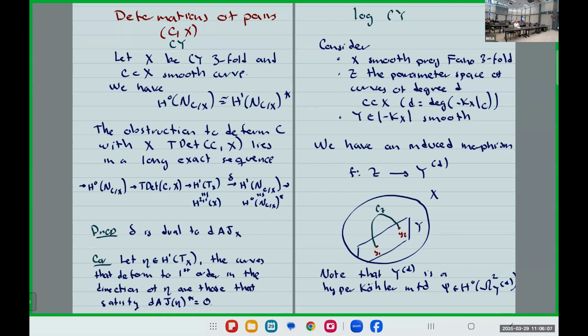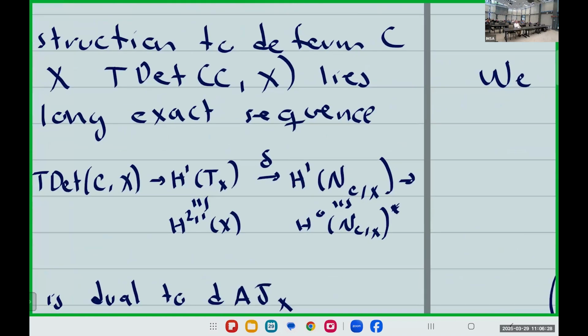Yes. Smooth. The smooth curve on a Calabi-Yau threefold. What's the subscript on the capital T, H1 of T_X?